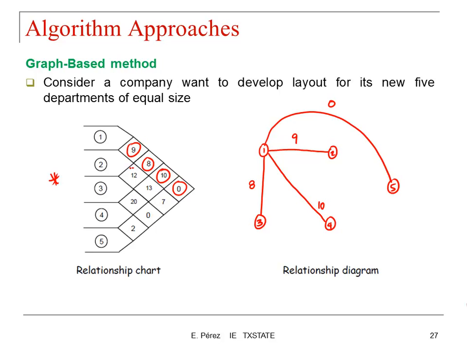Then from 2 to 3, we have 12. From 2 to 4, 13. And from 2 to 5, 7.